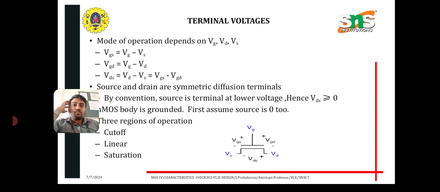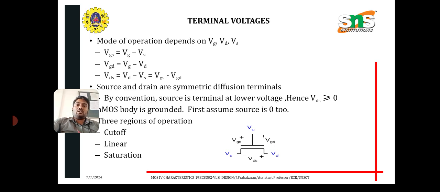The mode of operation depends on the terminal voltages, that is VG, VD, VS. We will discuss the terminal voltages. The gate controls the conductivity between source and drain terminal. Source means the terminal through which current enters or exits the transistor.